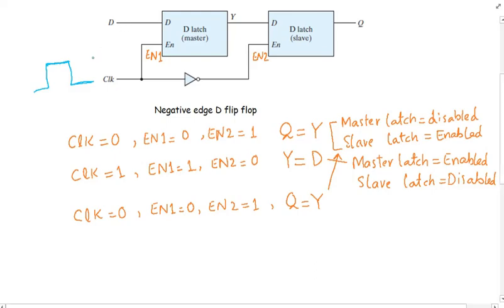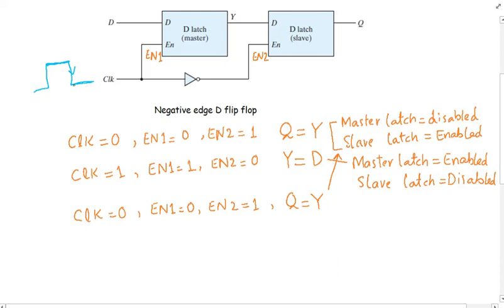So what we can understand from this discussion? Given the clock pulse equal to 1, data is only transferred from D to Y, while this latch is disabled. Then when the clock pulse changes from positive to negative, data is transferred from Y to Q, because in that case Q is equal to Y. Similarly, this latch is enabled and the master latch is disabled.